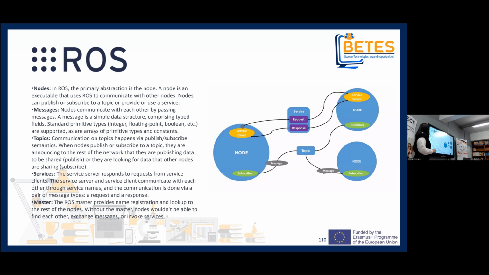Topics can be subscribed to and published. Services have to do with the service clients, and the master provides name registration. You can see there that the messages are published and subscribed, and they're sent to different nodes.